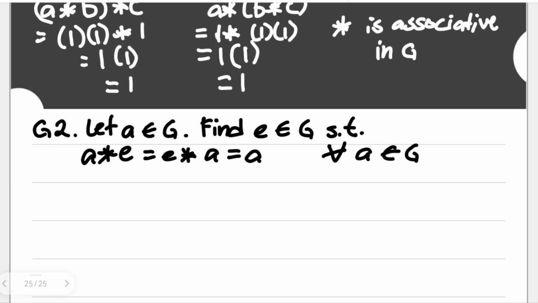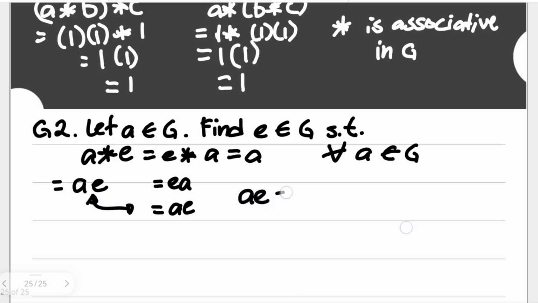So of course we have here A times E is AE, E times A is EA, which we could also rewrite as AE. So they are just the same. This means AE is equal to A. And we can solve for E when we divide both sides by A. So we have here E is equal to 1.